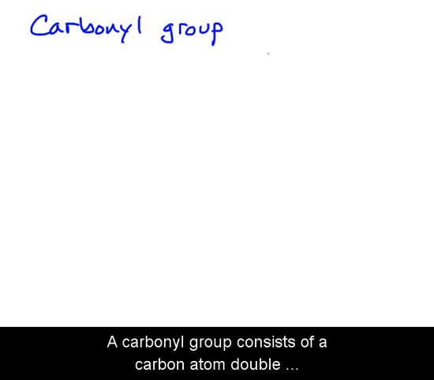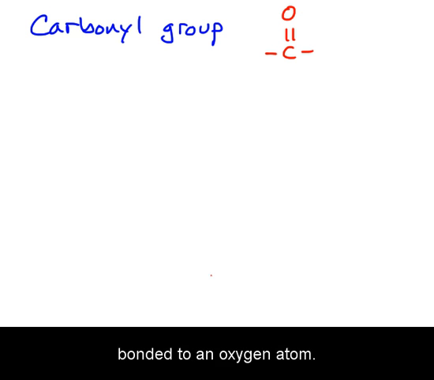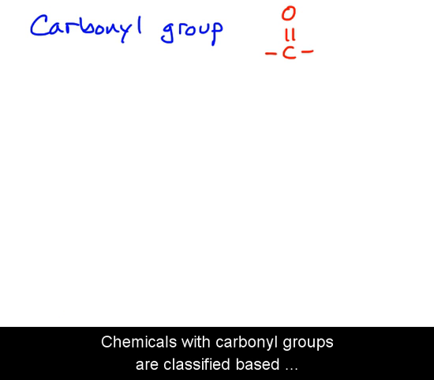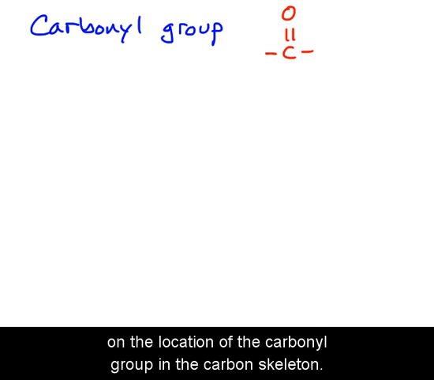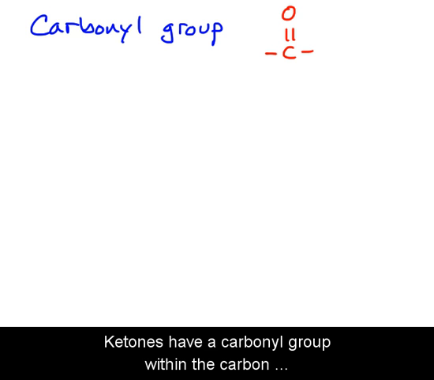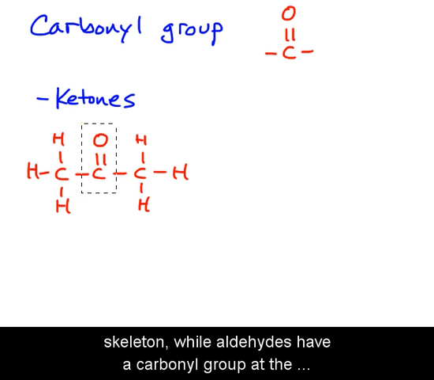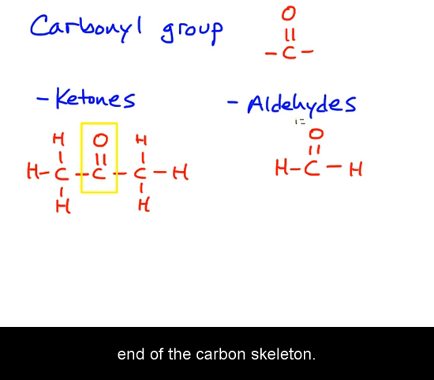A carbonyl group consists of a carbon atom double bonded to an oxygen atom. Chemicals with carbonyl groups are classified based on the location of the carbonyl group in the carbon skeleton. Ketones have a carbonyl group within the carbon skeleton, while aldehydes have a carbonyl group at the end of the carbon skeleton.